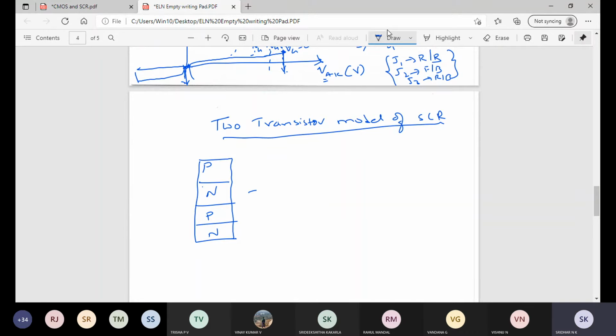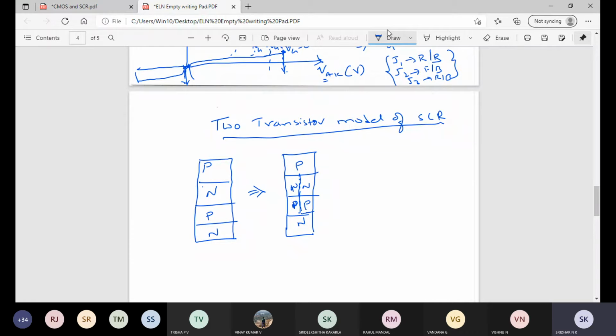Can I represent this circuit something like this?